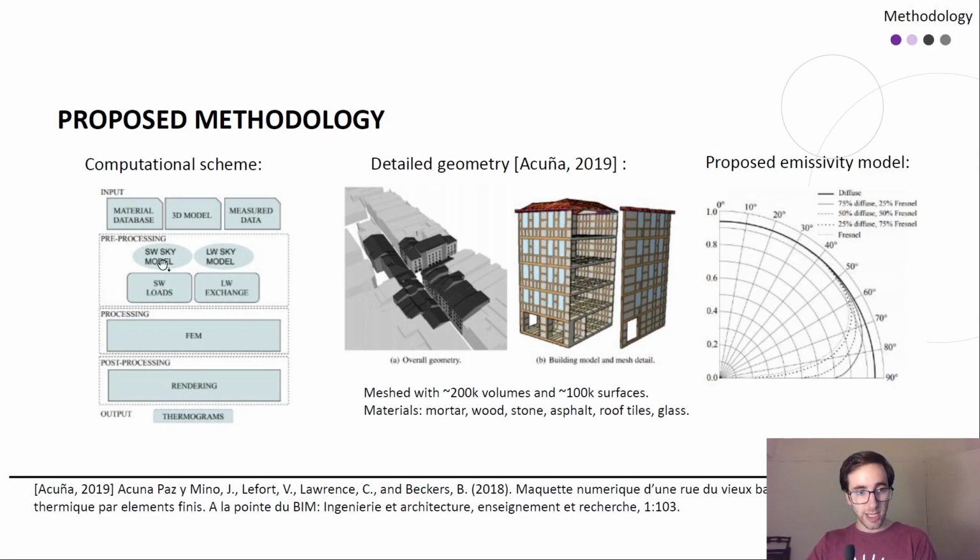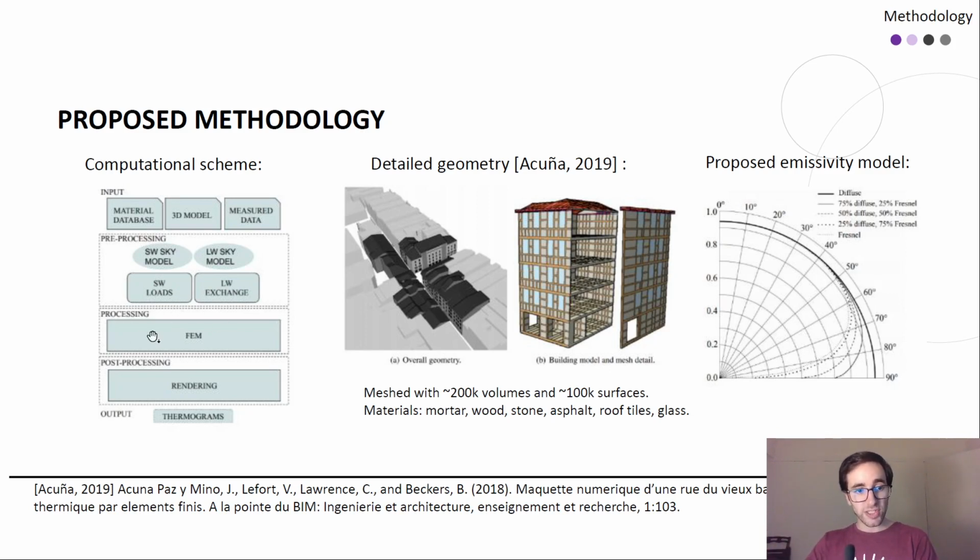So there is a pre-processing stage where we have to do environmental work, like computing the shortwave radiation reaching all the points on the scene throughout the day, also the exchange with the long wave radiation of the sky, and this allows us to reach the short wave loads and the long wave exchange.